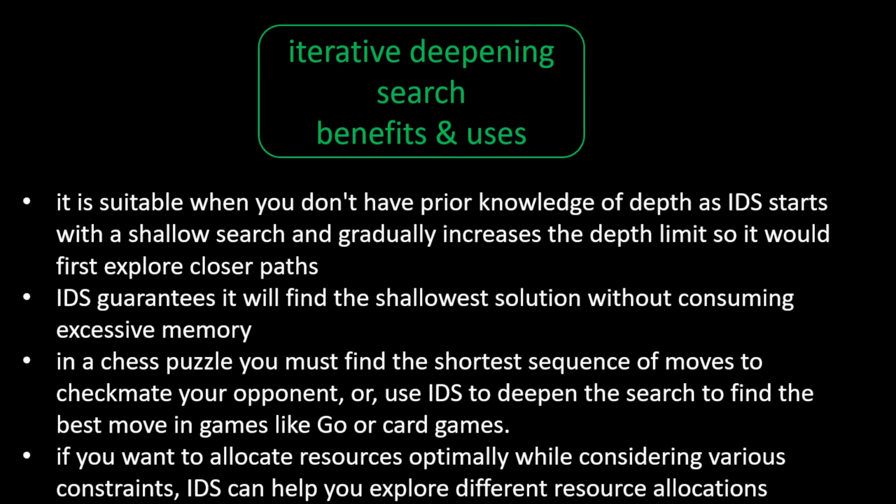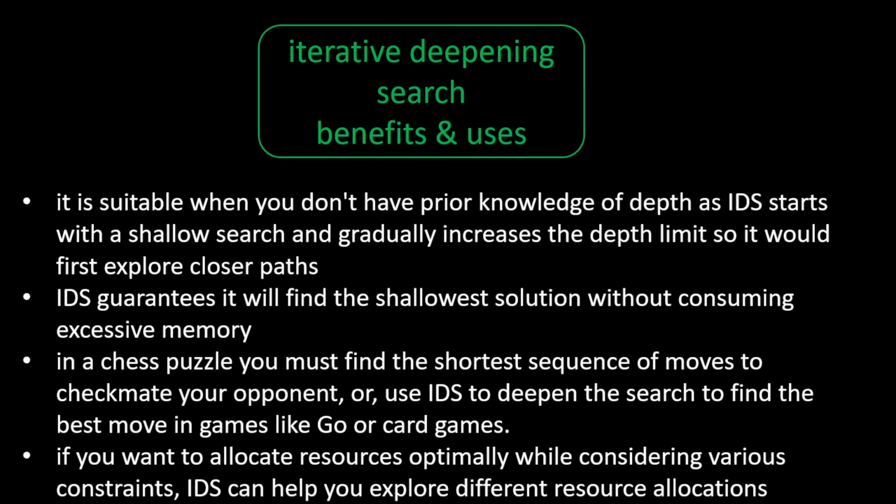So the iterative deepening search, suitable if you don't really know the depth of a problem. So you want to start off shallow and go to iteratively deeper depths. It will find the shallowest solution without consuming too much memory. You could look at shortest sequences of moves in a chess puzzle to find checkmate, or perhaps find the best moves in some games.